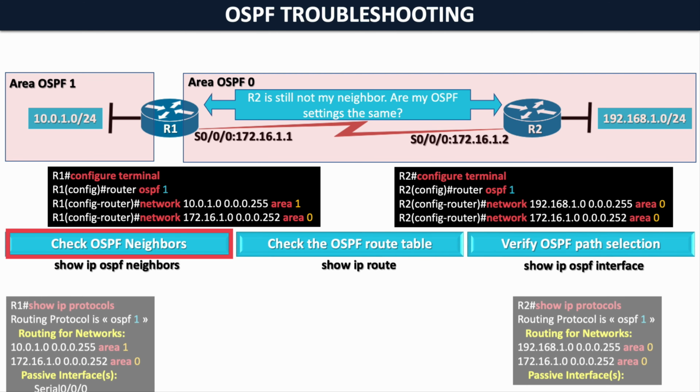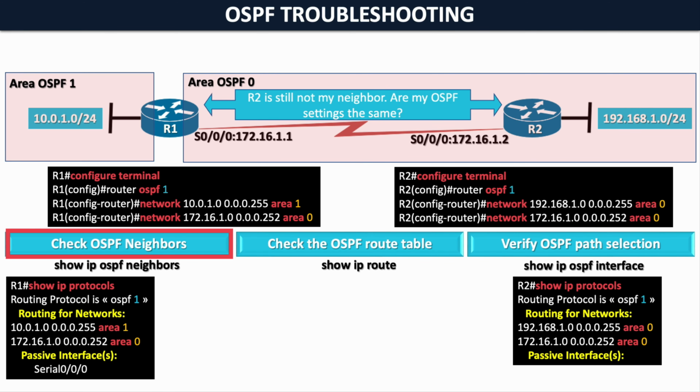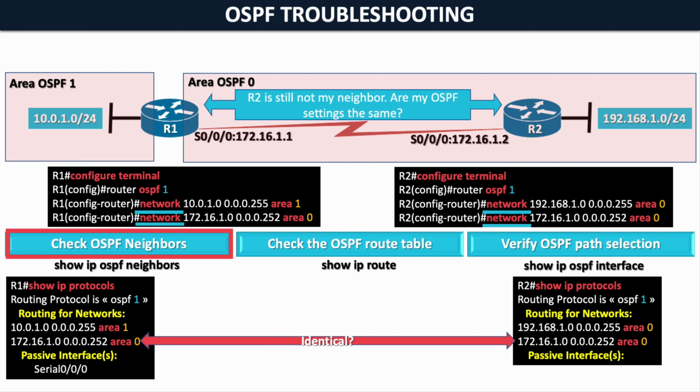This command shows us the IP addresses or networks that have been activated using the network command. On the topology, we can see that the OSPF protocol is enabled on the serial interfaces of both routers. If the parameters are not identical at both ends, then adjacency cannot be established.